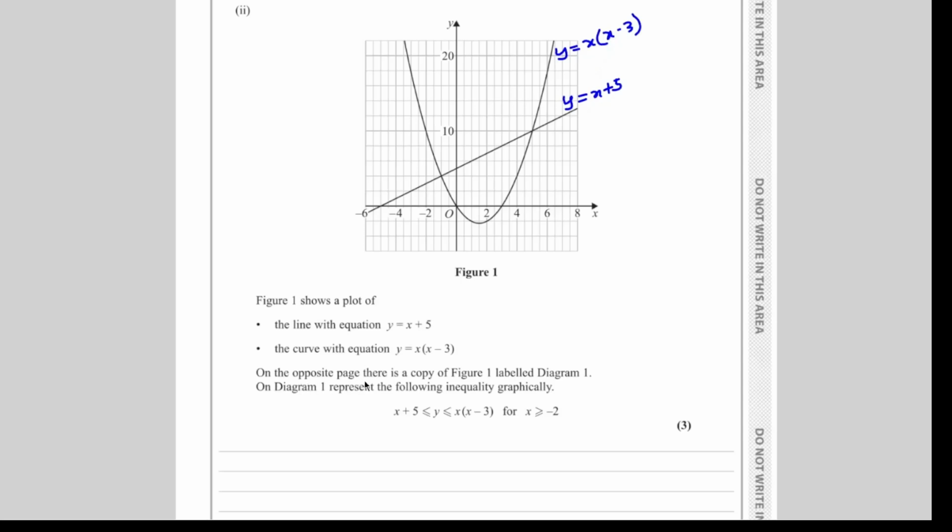On the opposite page, there is a copy of figure 1 labeled diagram 1. On diagram 1, represent the following inequality graphically: x plus 5 is smaller than or equal to y, and y should be smaller than or equal to x times x minus 3.